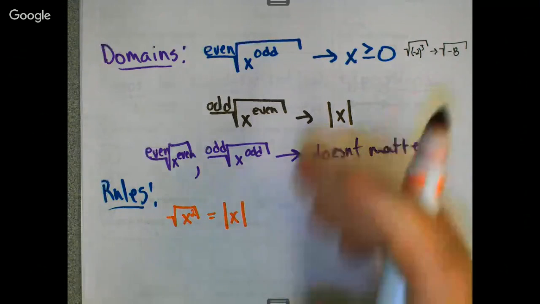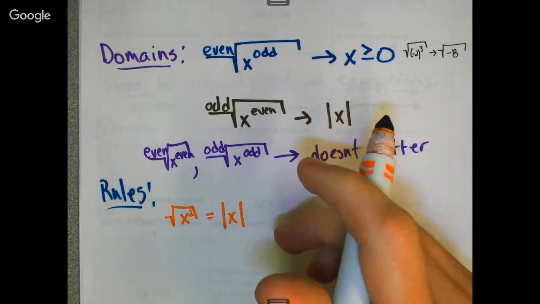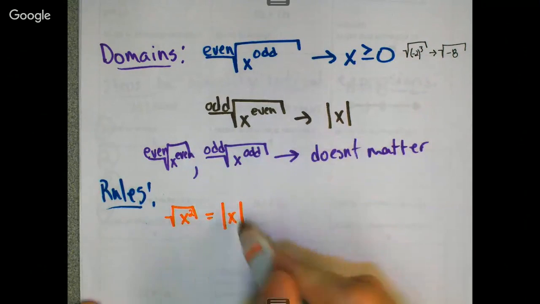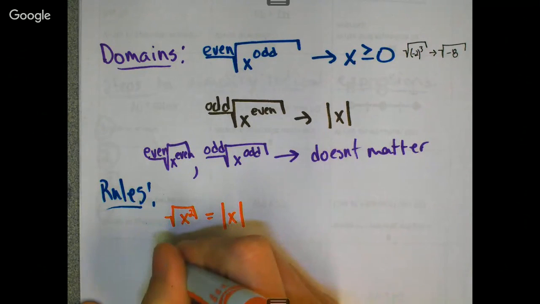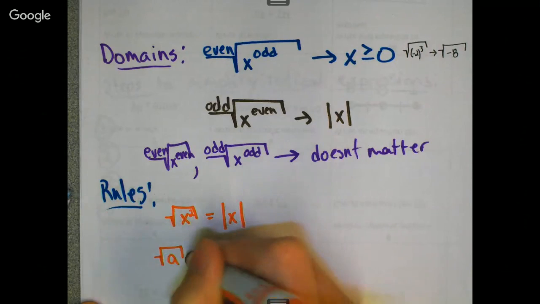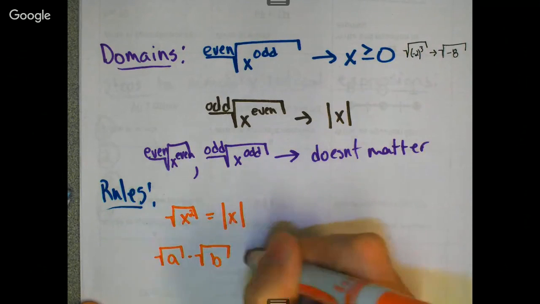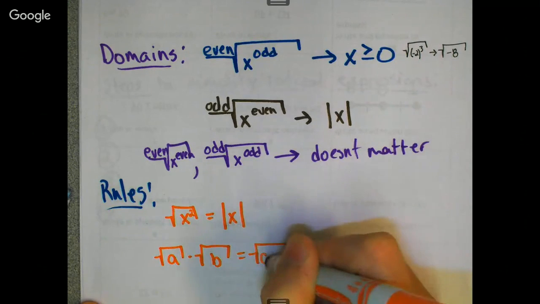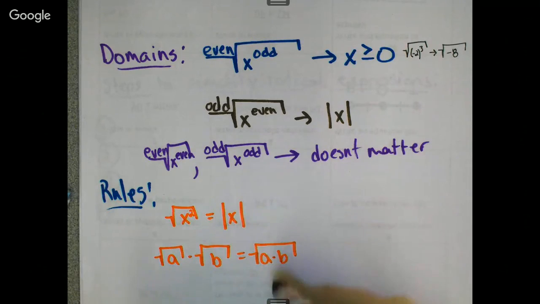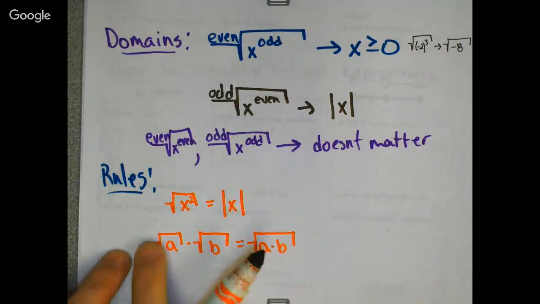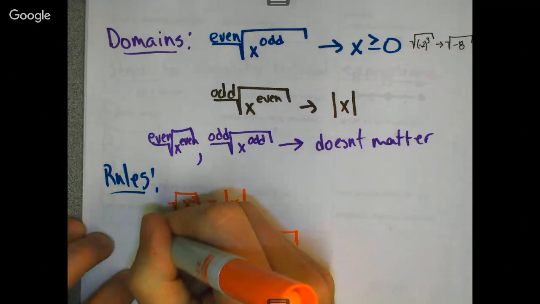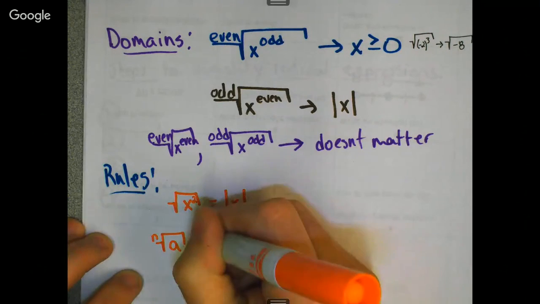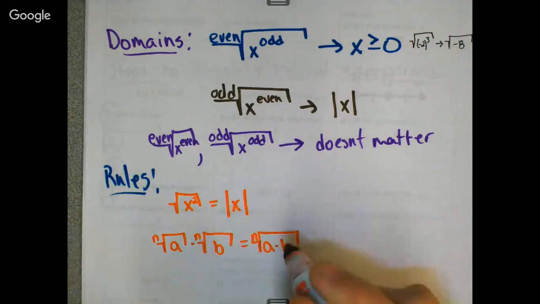So make sure when we're reducing and simplifying that we remember the absolute value signs. Radical a times radical b is radical a times b underneath. This is only true if the indexes are the same, so maybe I'll put an n, and all the indexes have to be the same.